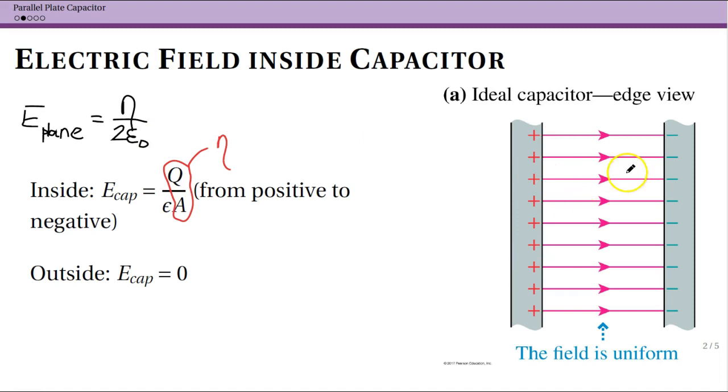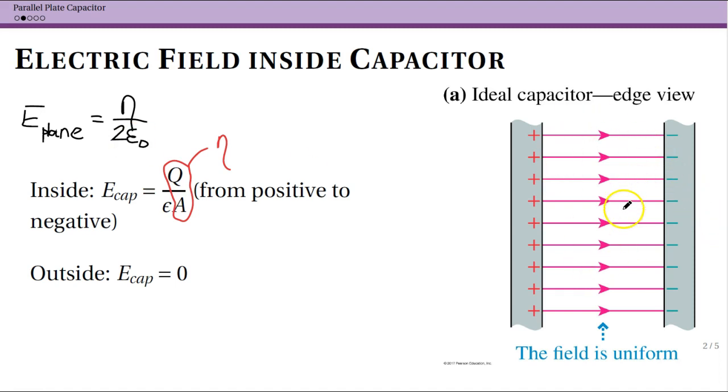Now, because these each have the same area and the same charge Q, they each have the same eta, but one is positive, one is negative. So they each have the same eta over 2 epsilon naught, but on the outside, the directions of the field cancel, and on the inside they add. So that's why this factor of 2 has gone away, because 1/2 plus 1/2 equals 1. So that's the basic idea.